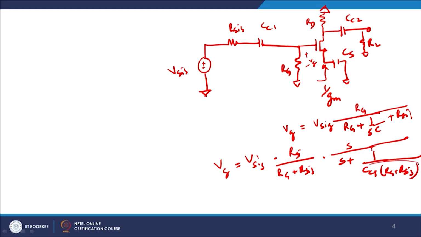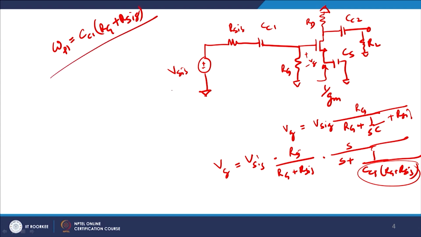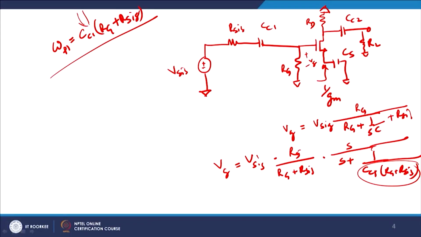where this value is referred to as omega p1, or the first cross point frequency, which is 1 by CC1 (Rg plus Rsig), which means that the first cross point frequency, or the frequency beyond which you will see a drop in the gain, is governed by the CC1, the coupling capacitor attached here, as well as the resistance offered by the Rg and Rsig value.